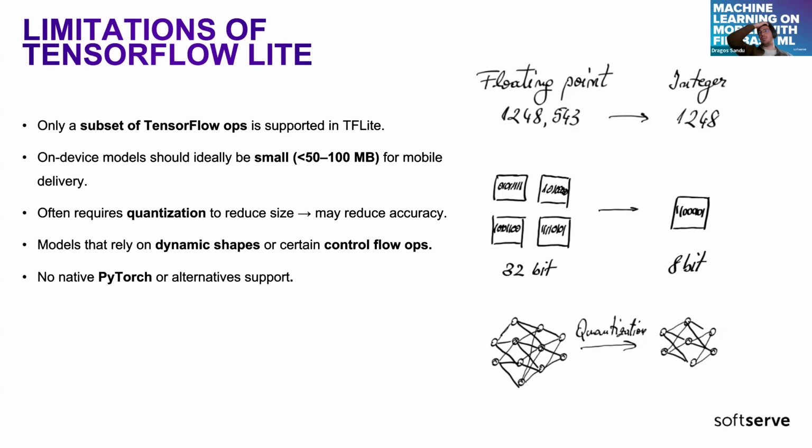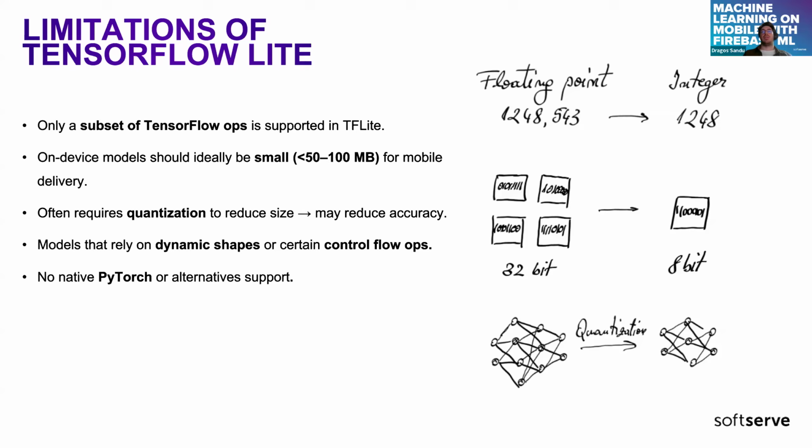This way, we make the model small enough to run properly on mobile devices. So this is one of the limitations of TensorFlow Lite. Other limitations are that they need to be small in size, as I mentioned, under 100 megabytes to be able to upload them on Firebase and to make them work properly on the device.